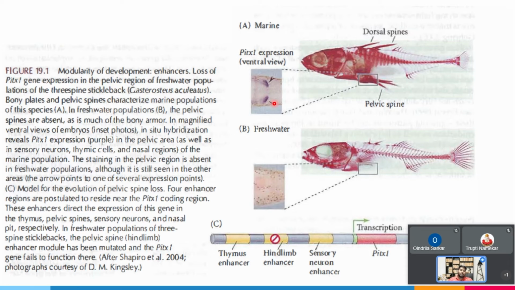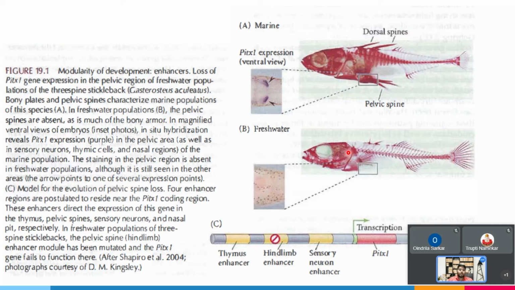There are two types of stickleback, the marine type and the freshwater type. The freshwater stickleback does not have any pelvic spines, whereas the marine one does. Scientists wanted to understand what exactly was responsible for the absence of the spines in the freshwater one.